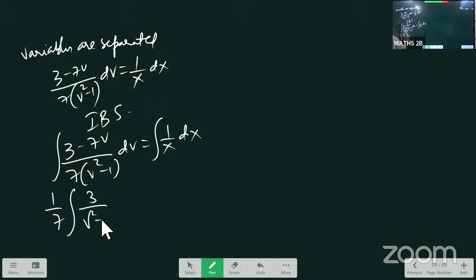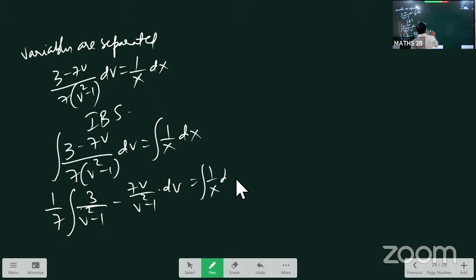The integral of 3 by (v square minus 1) minus 7v by (v square minus 1) dv. Now separate your integration, 1 by 7 also outside, equal to the integration of 1 by x dx.